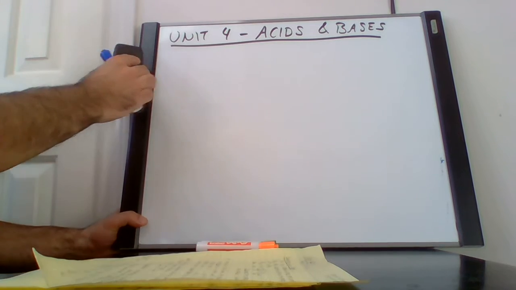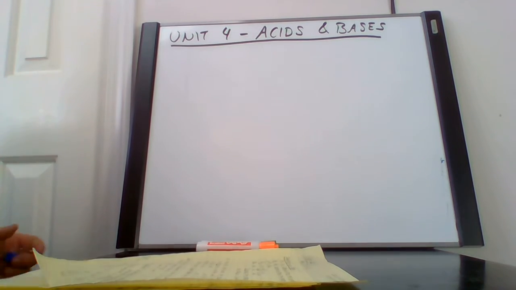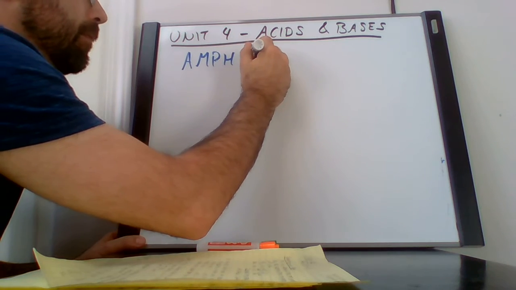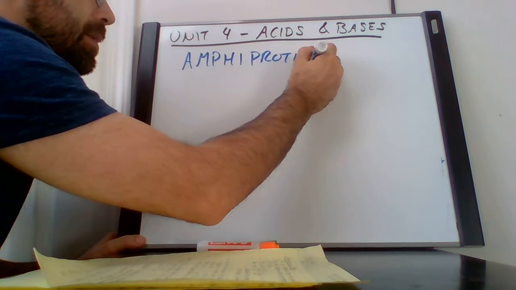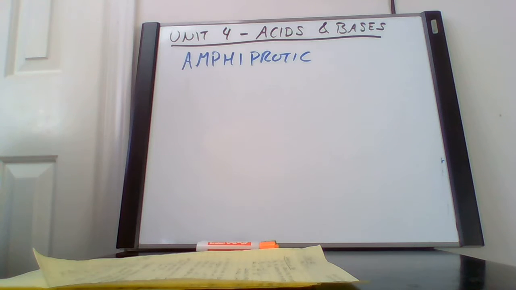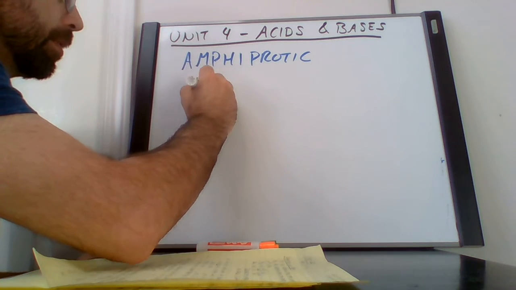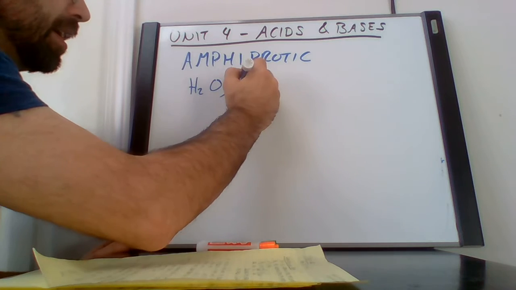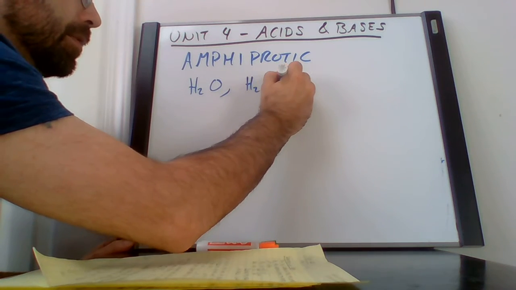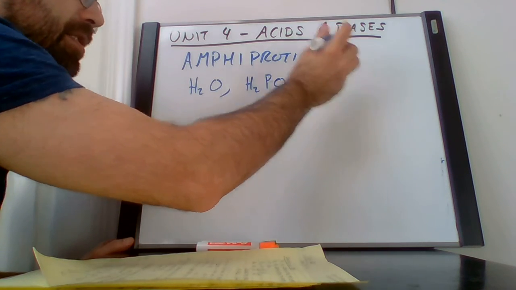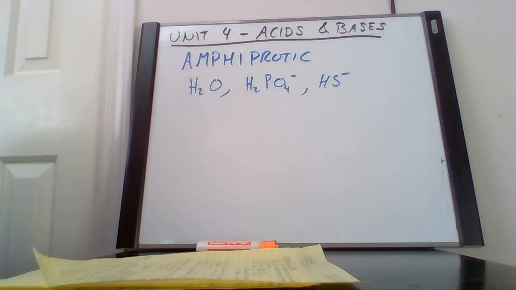Now, we also have another term here. We're talking about this amphiprotic. Amphiprotic. Okay? This is something that can accept or donate a proton. Okay, so I've got a couple examples there. We've got H2O, we can say H2PO4 minus, or the HS minus, just as a few different examples.